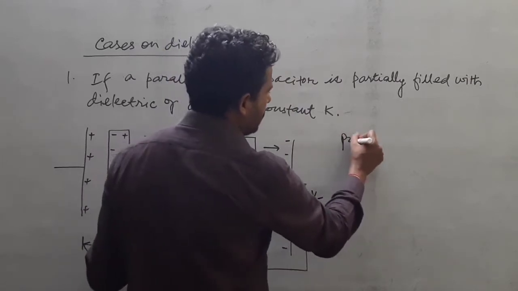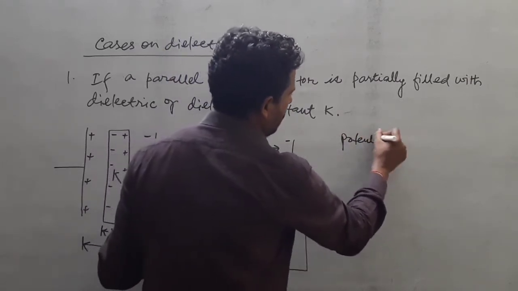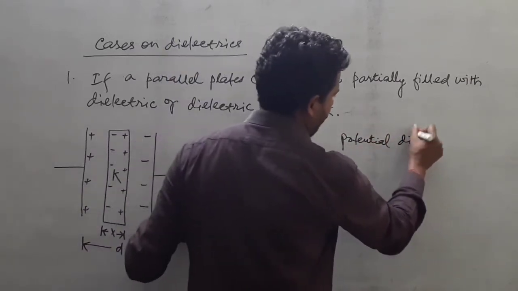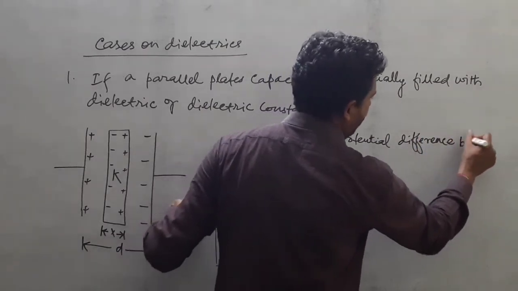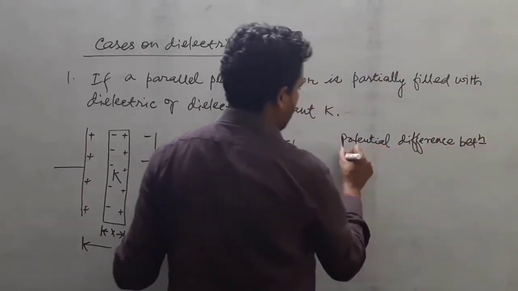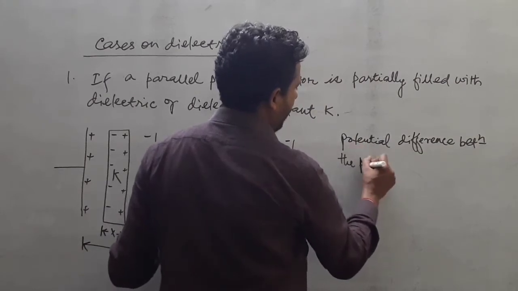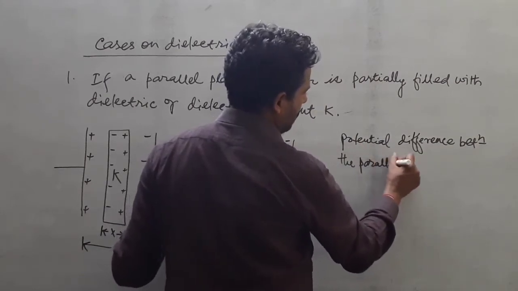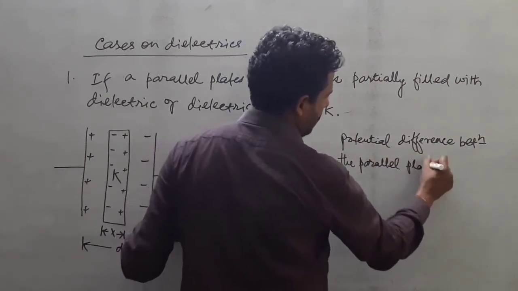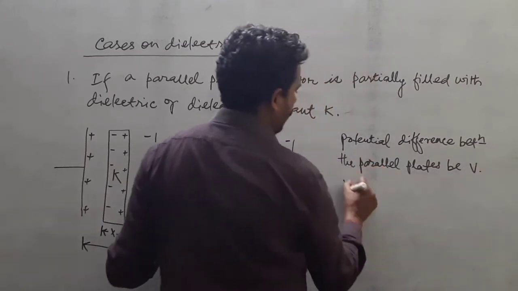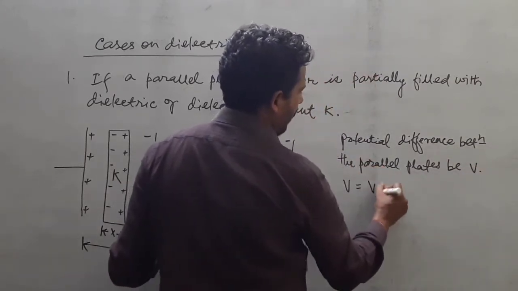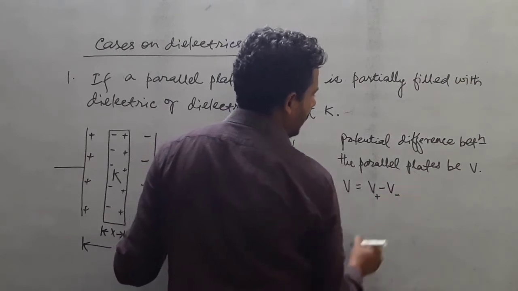Potential difference between the parallel plates be V. So V will be V positive minus V negative.